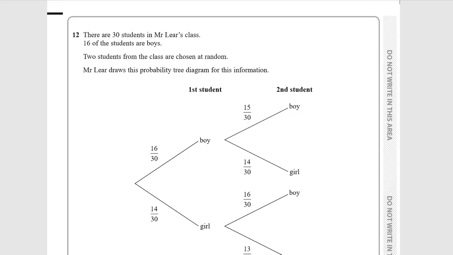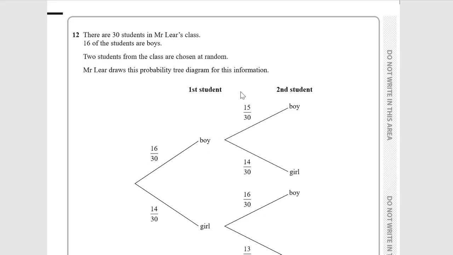Question 12. So it says there are 30 students in Mr. Lear's class. 16 of the students are boys. 2 students from the class are chosen at random. Mr. Lear draws this probability tree diagram for this information. So 16 out of 30 are boys.